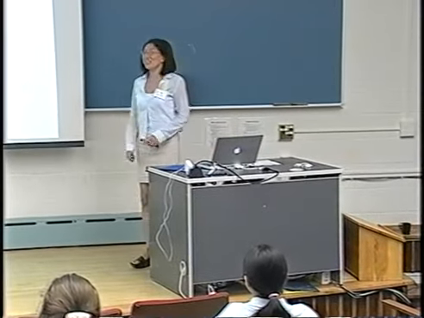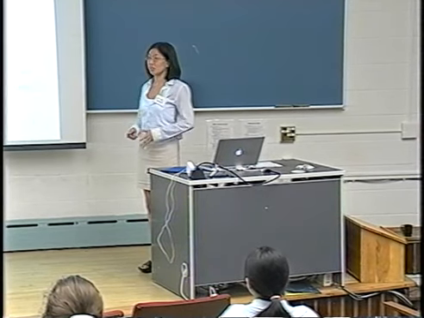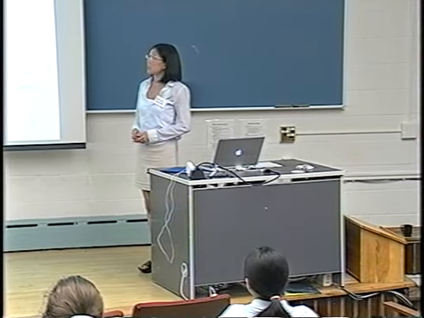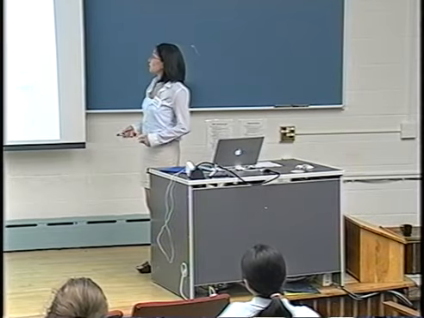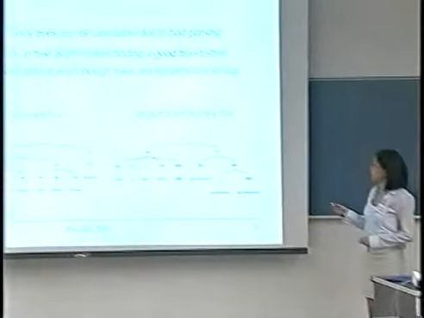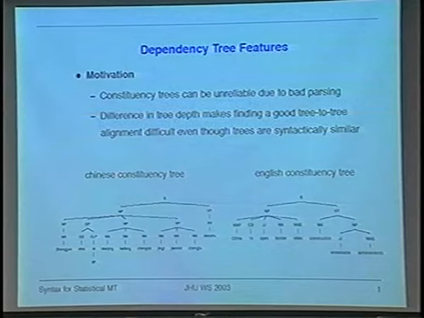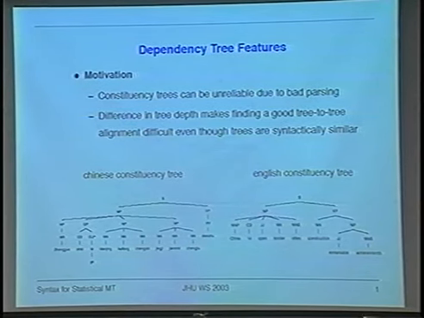Don't feel charged. So I'm going to talk a little bit about how we use dependency trees in our project, and just a little bit on the motivation of why we wanted to do this. Basically, there were two problems that we wanted to address with normal constituency trees, which is the direct parser output. One problem is that the constituency trees can be unreliable due to inaccurate parsing.